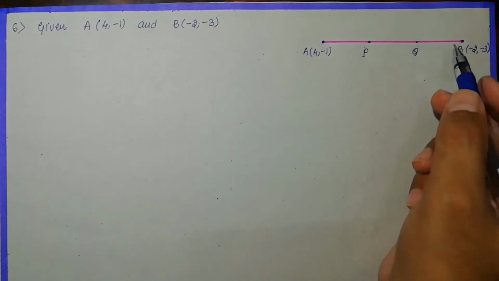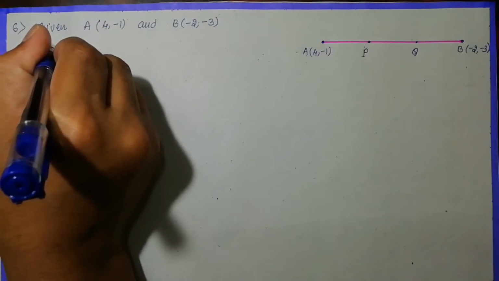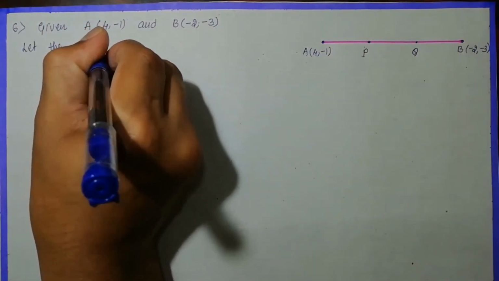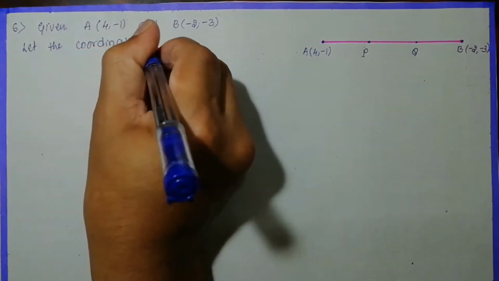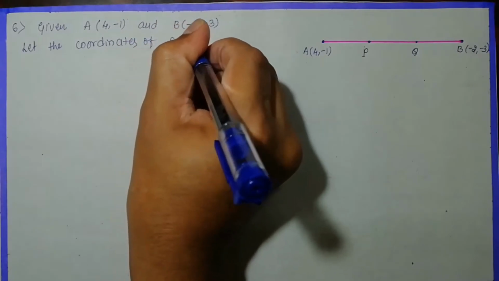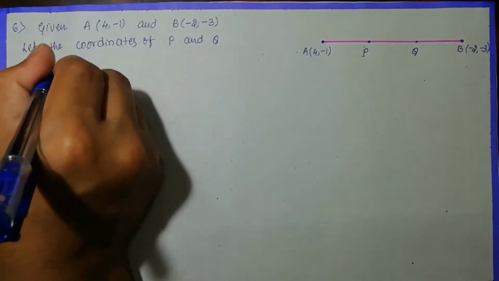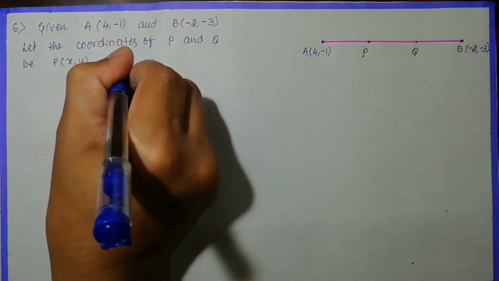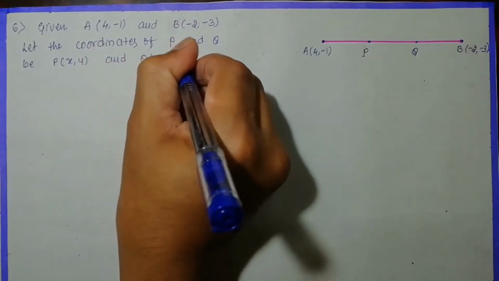Okay, so now I'm going to consider like this. Let the coordinates of P and Q be P of (x, y) and Q of (x', y').